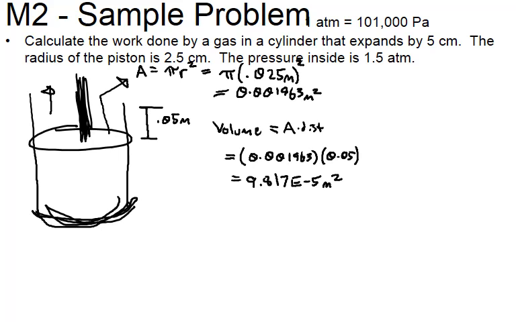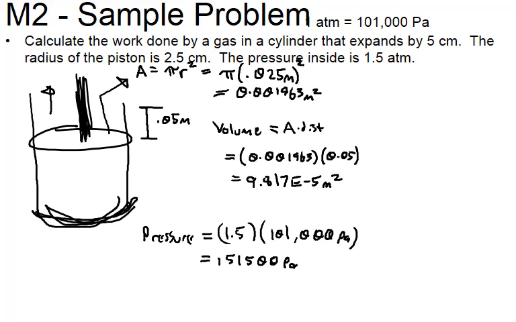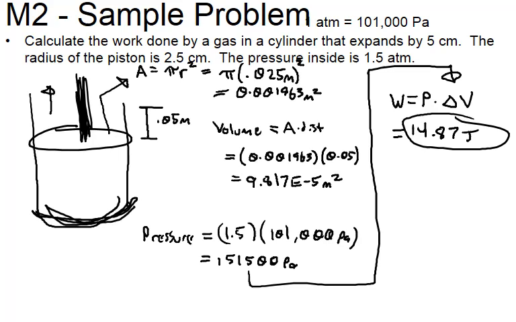So this will be the volume change, and this should be in meters cubed. And then for the pressure, we have 1.5 atmospheres, so that'd be 151,500 pascals. The total amount of work done then is 14.87 joules when we multiply the pressure times the change in volume. And it would be positive work because the gas is expanding.